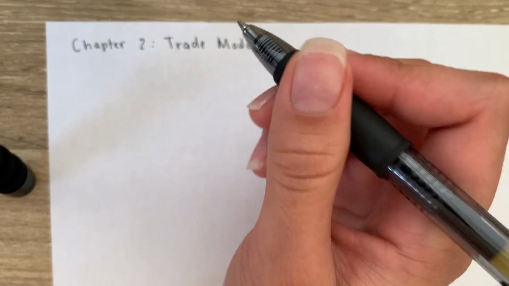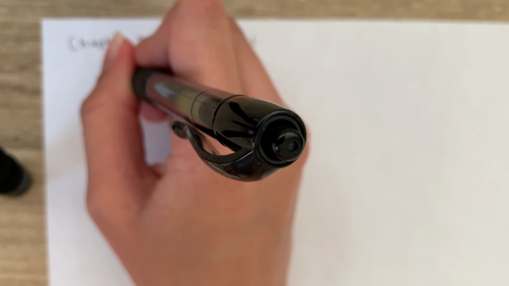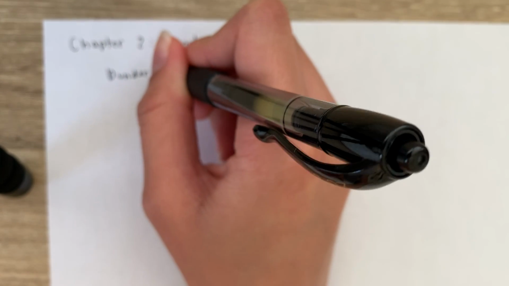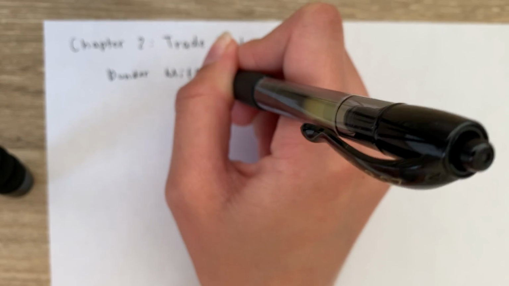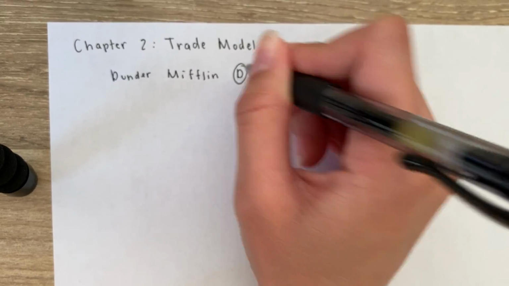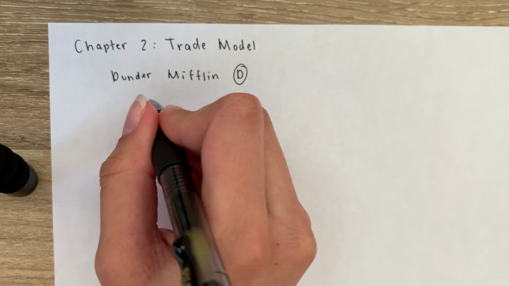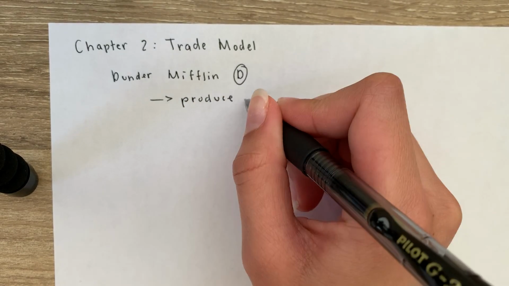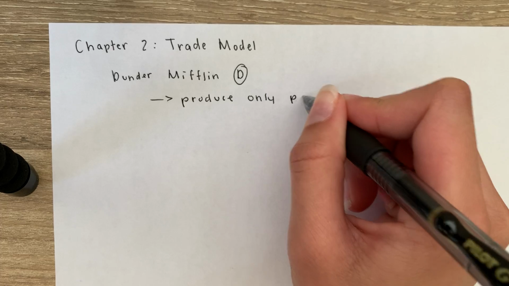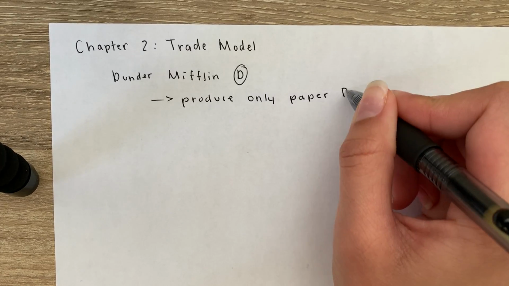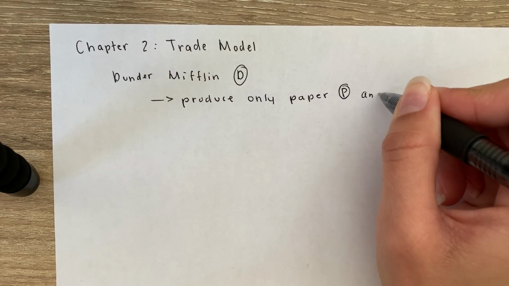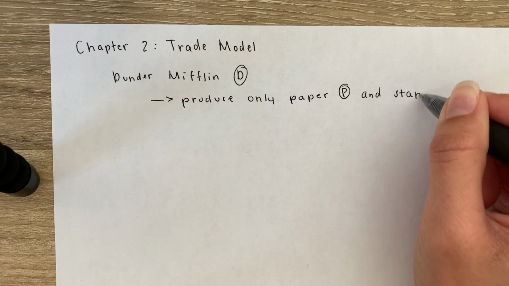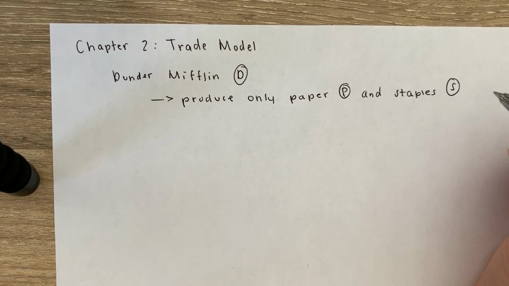So let's say we have Dunder Mifflin. It's going to be represented by D, right? And they produce two things. So they produce only paper, P, and staples, S, right?